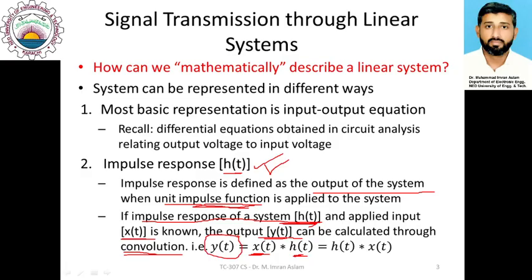Remember that convolution is a commutative operation, so it doesn't matter whether you convolve x(t) with h(t) or h(t) with x(t). Changing their order would not change the output. So you can see that the impulse response has sufficient information to calculate the output of the system whenever the input is given, by performing this convolution operation.